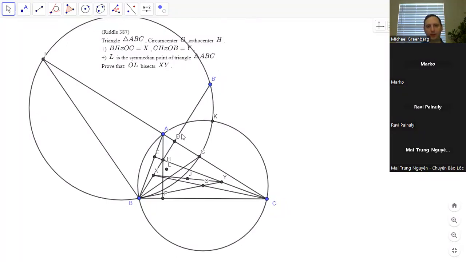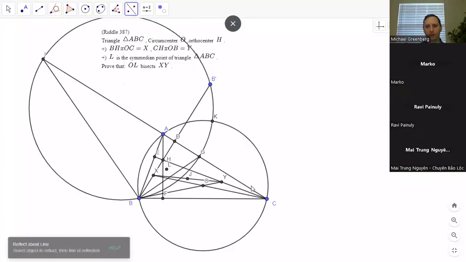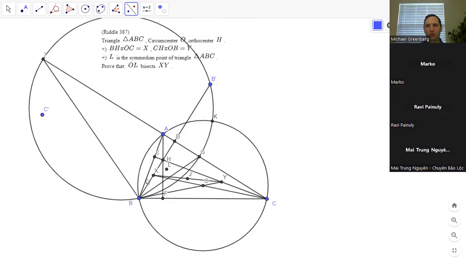So BD times HD. Does the reflection of C with respect to AB lie on it? Are you sure?